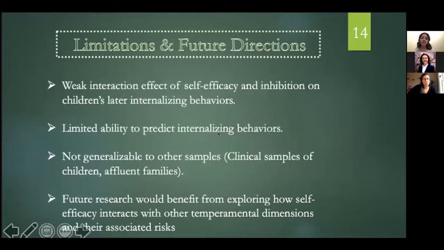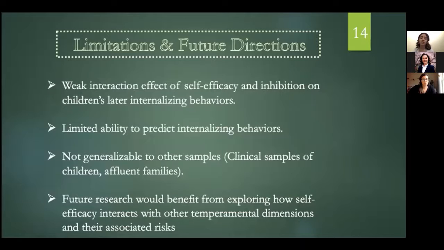Now I'd like to talk about a few limitations and future directions. First, we found a weak interaction effect of self-efficacy and inhibition on children's later internalizing behaviors. This may have been due to the sample size being insufficient. So we believe that if the effect stays the same within a bigger sample, the findings may be significant. Another limitation was our approach of rating teacher descriptions of internalizing behaviors.